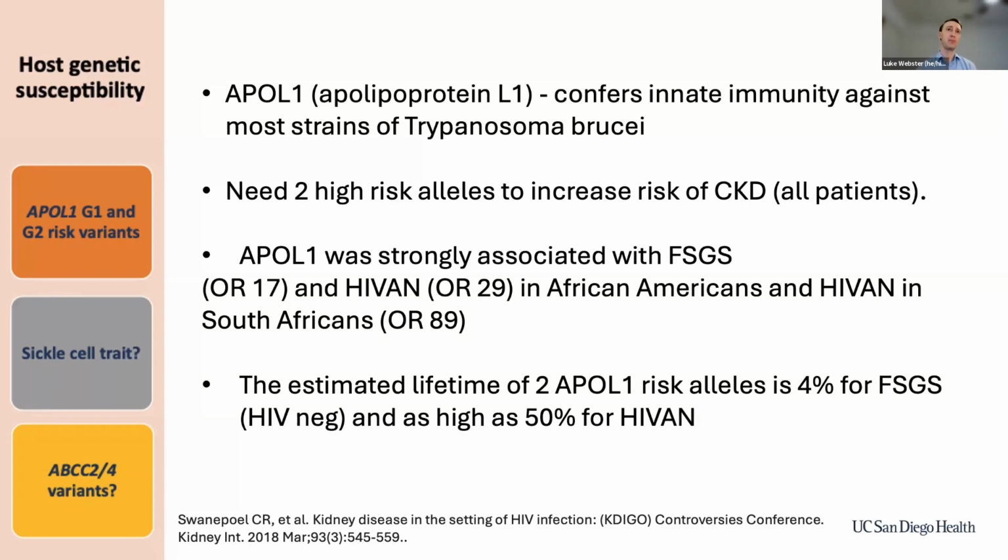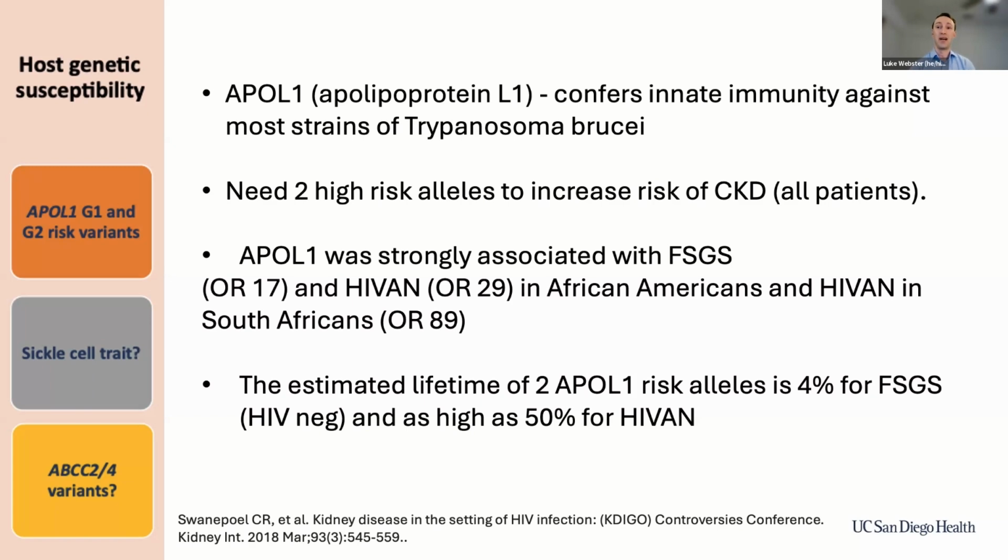Perhaps the one population that has a slightly lower prevalence of this genotype are patients from Ethiopia, but otherwise, especially patients in South Africa have a high prevalence of this allele. Now, we know in patients who do not have HIV that APOL1 is a huge driver of FSGS and progressive kidney disease.